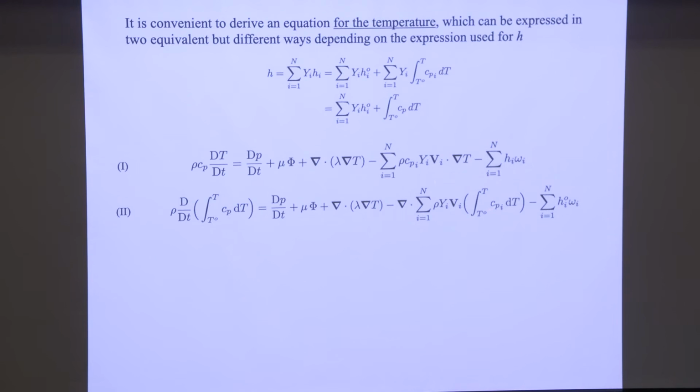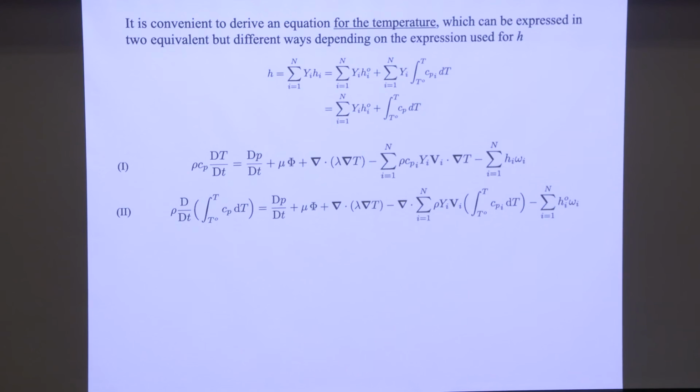That term is a little different here because of the use of h. But the last term is the enthalpy of formation multiplied by omega i. The difference is that this one needs to be computed for each i, whereas this one, as we'll see later, is a constant times omega i. So clearly for computation, it doesn't matter which one you use. It depends on what is available to you. But in theory, it would be easier to use the second one, as you will see.